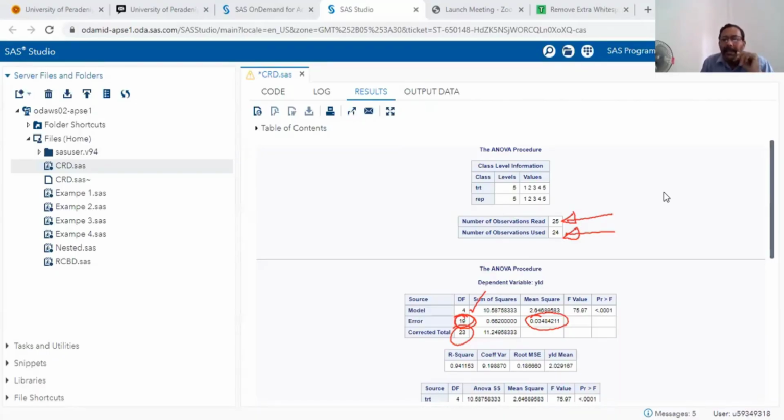Everything is slightly different, but still it is significant. So we can analyze that data also, right? For the missing data. So don't worry if one plot is damaged. Don't cry like a child. So you can still do the analysis.